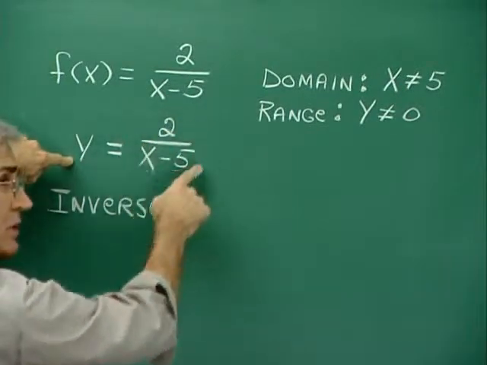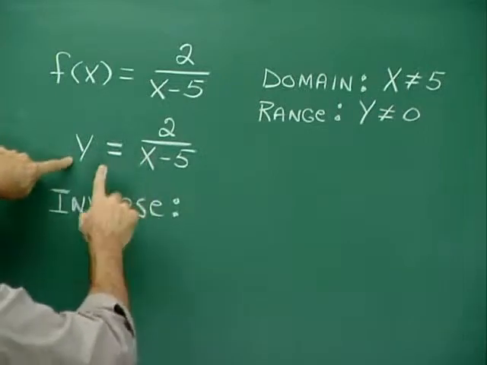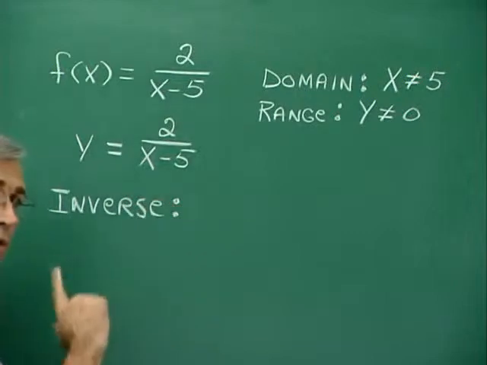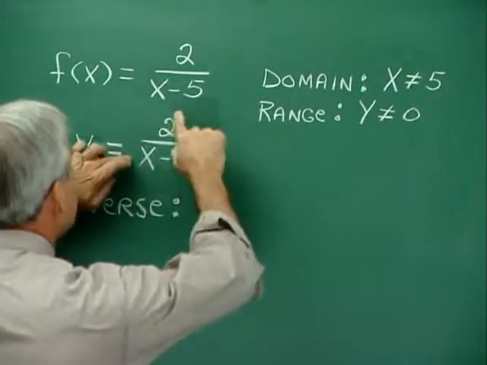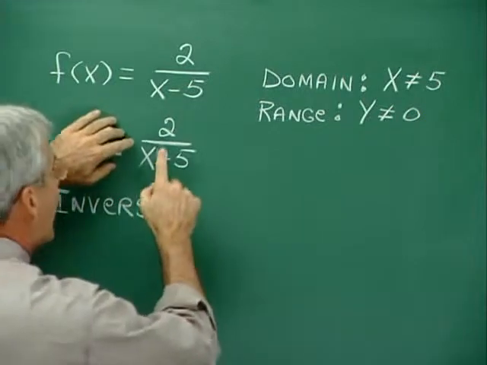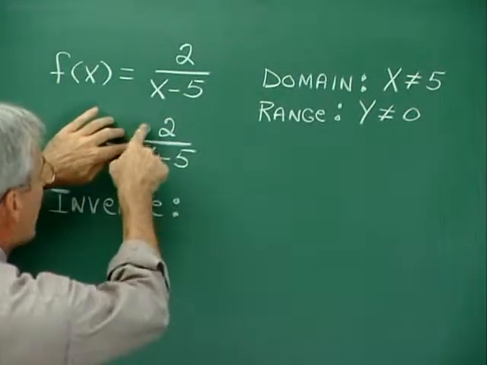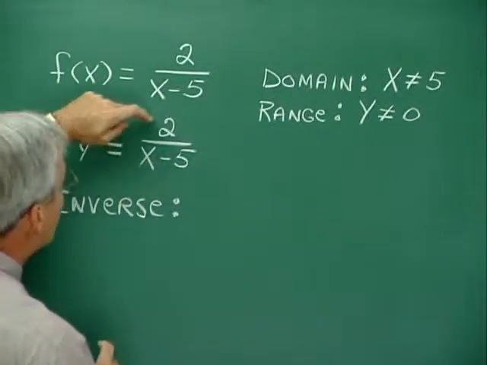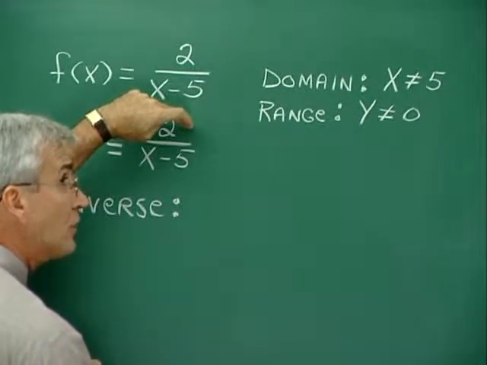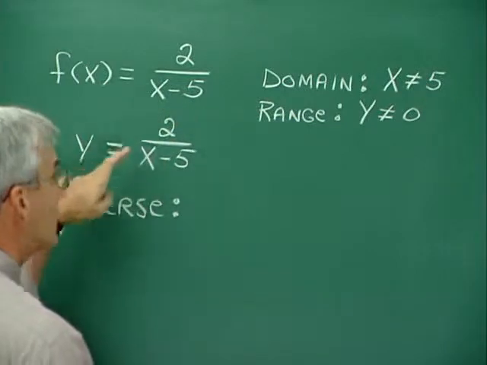Well, it turns out that y can take on any value in the world except 0. This fraction can never become 0. And the reason is because fractions become 0 when their numerators become 0, and this fraction doesn't have a letter which can take on a value which will cause the fraction to become 0.